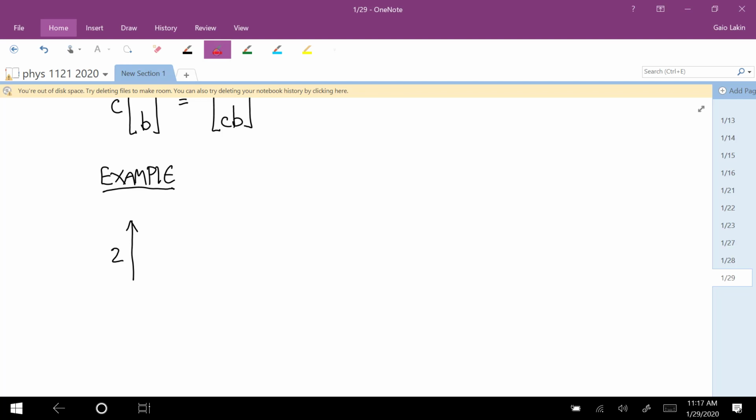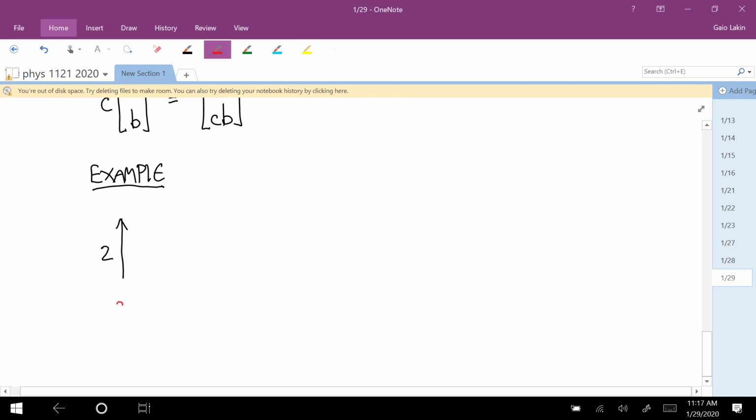Let's say this is what we're going to call the vector A. And then we have a vector with a length of 4, where this angle is 20 degrees.